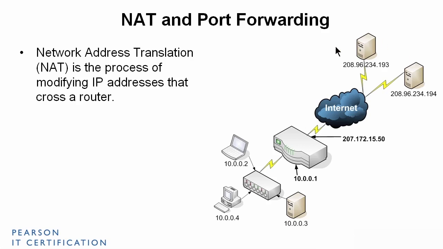And so what these servers will see, and what all the external users will see, is this address. They will not see the internal LAN addresses on the 10 network or whatever private IP network you're using. This way, it looks like the router is the only device making the connection to other systems on the internet.